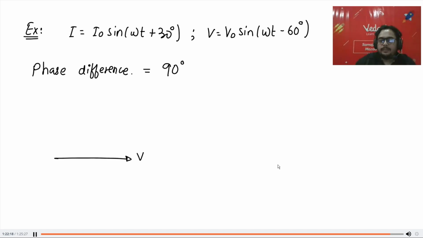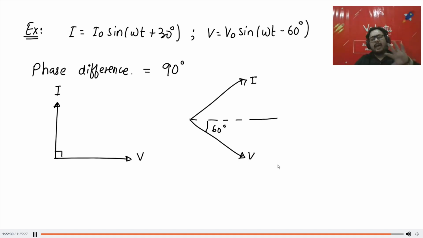Or I can draw it like this: voltage 60 degree, current 30 degree. Anyhow you draw it, the angle between them should be 90 degree, and while moving anti-clockwise, current should be ahead of the voltage. अरे clear है कि नहीं? Is it clear to everyone? All good?